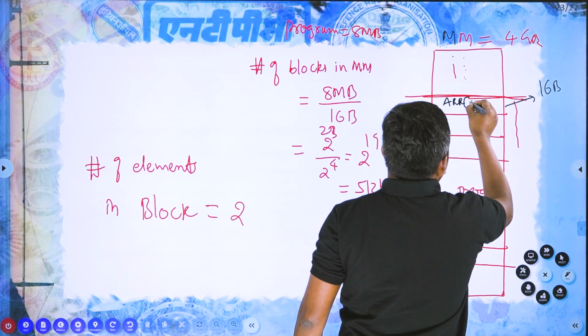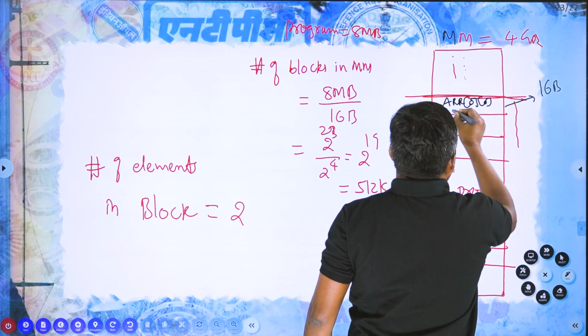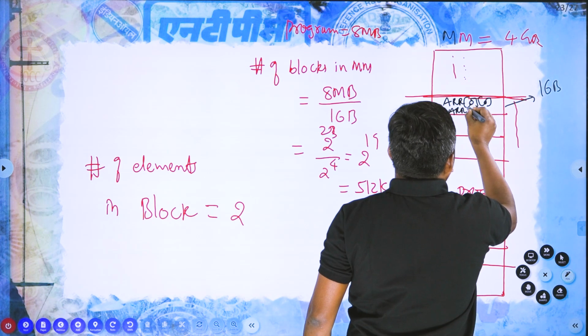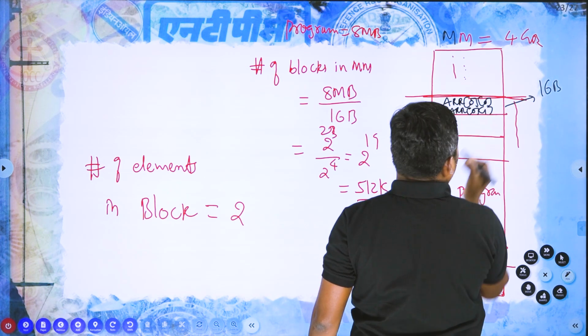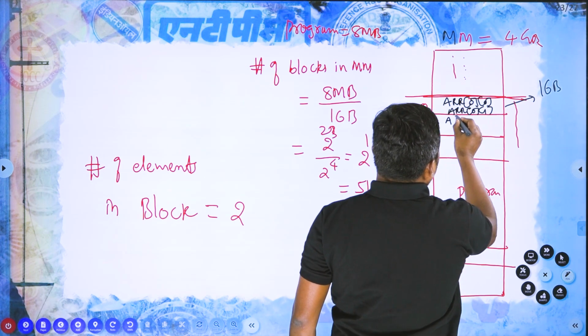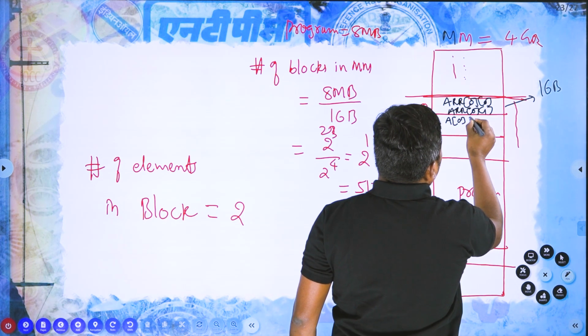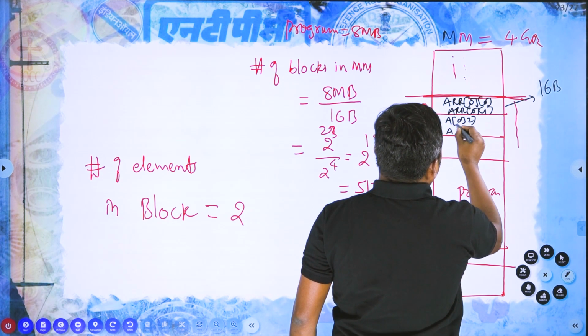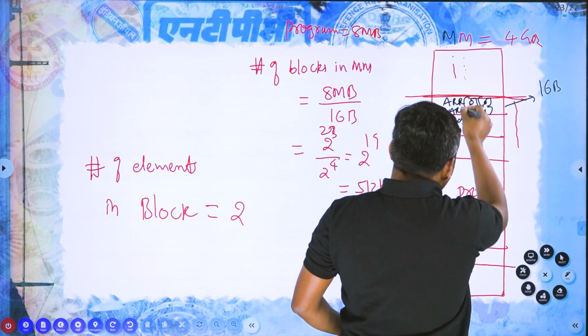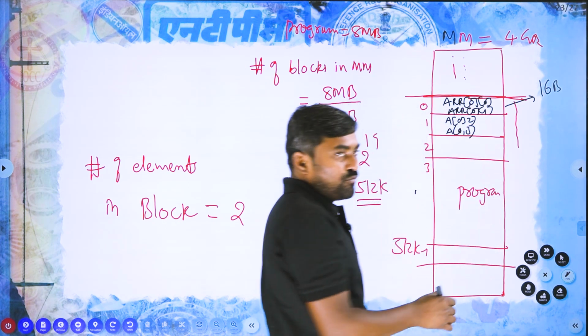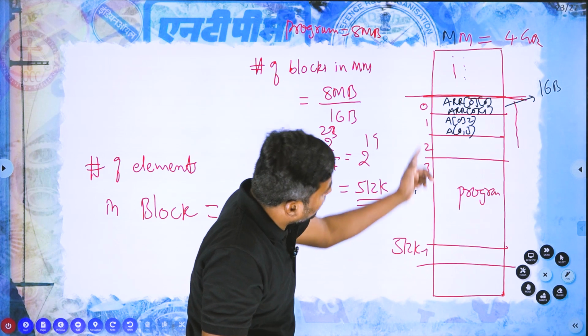Elements will be ARR of 0, 0, then the next element ARR of 0, 1. Similarly, the next block will have 0, 2 and 0, 3. So this is row major order: the first complete row is stored, then the next row, like that.